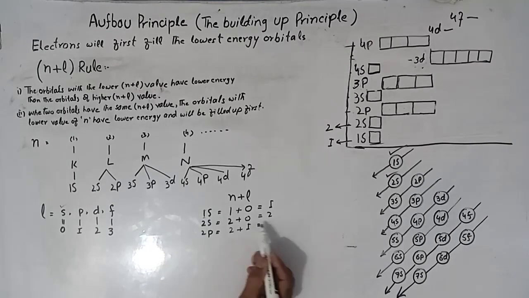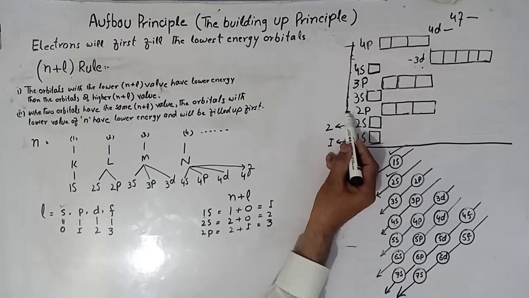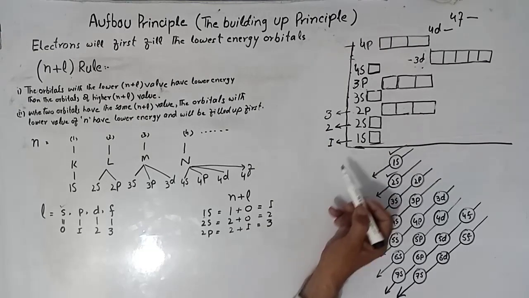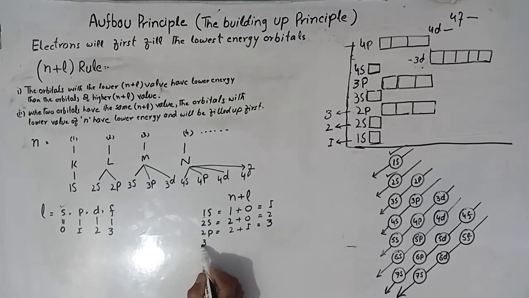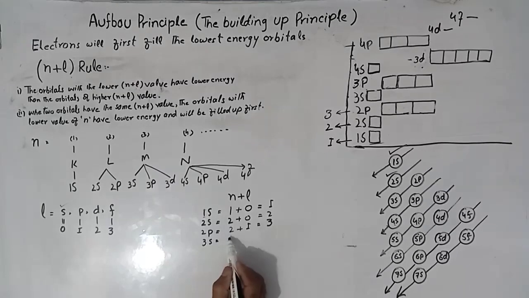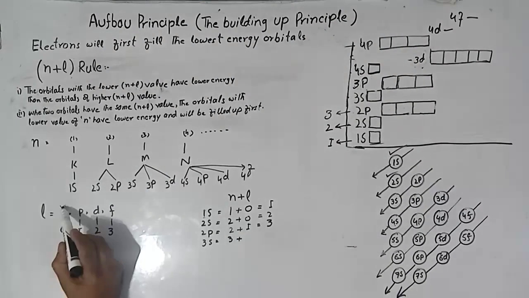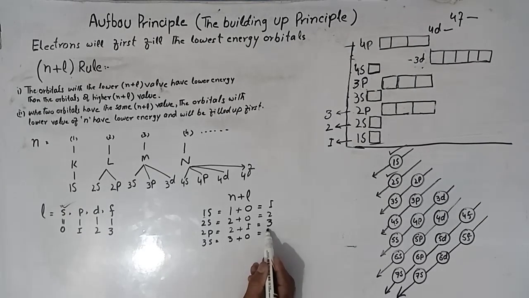So its total value will be 3. Now write this value here, 3. For 3s again, write the value 3 plus 0 for s. So the value will be 3 again.